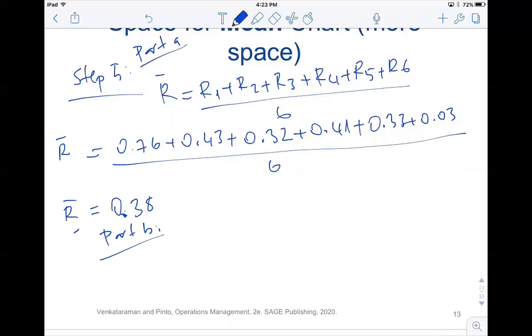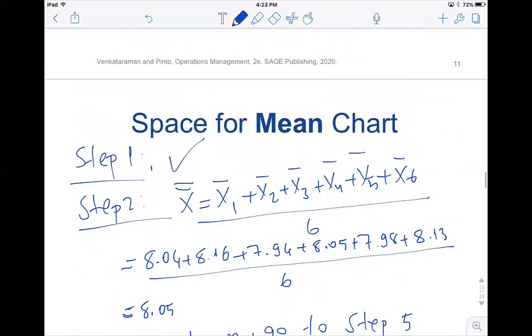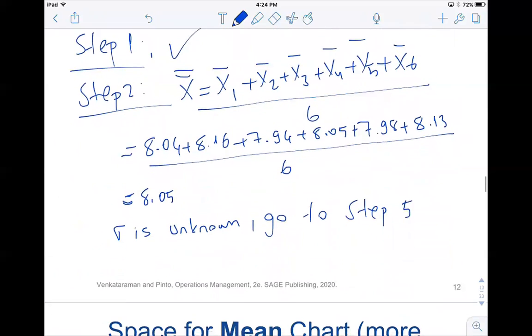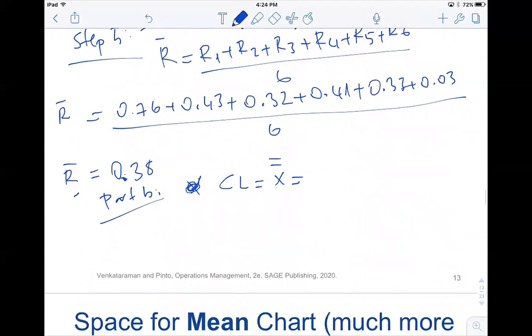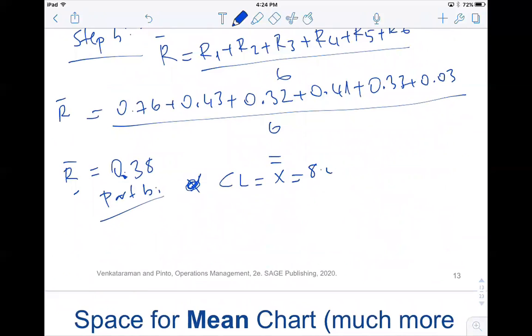Part B tells me that my center line is equal to my X bar. Now I do know this value. I calculated this value in step 2. It is 8.05. So 8.05 is my grand mean. My upper control limit is equal to X bar plus A2 value times my R bar, right?